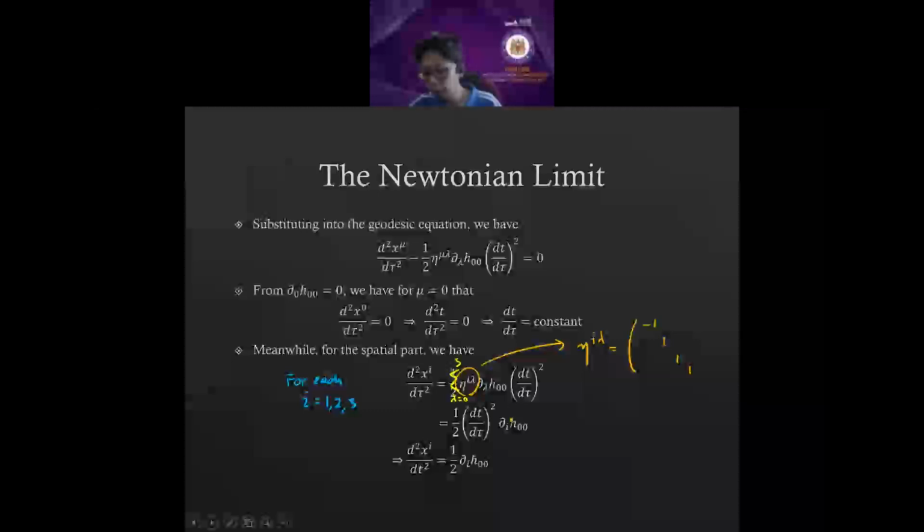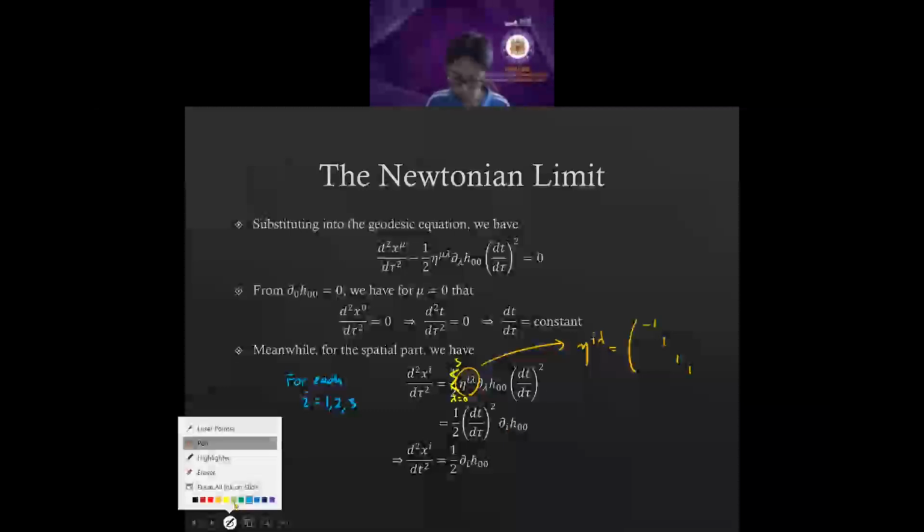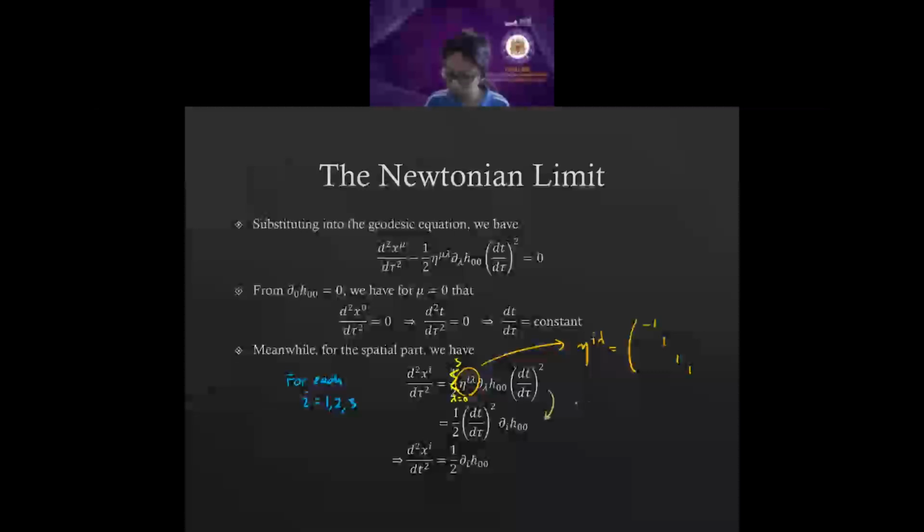And so we are reduced to this equation over here, equal to 0 for lambda not equal to i, and equal to 1 for lambda equal to i. Now we no longer have any summation to do. So we are left only with this equation.